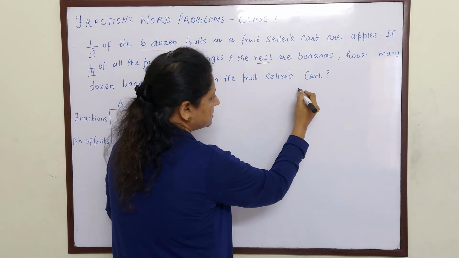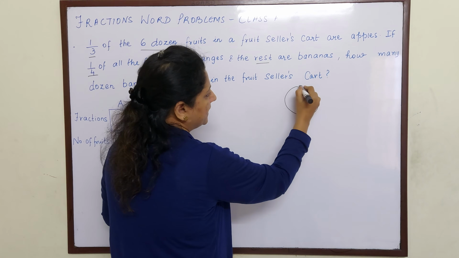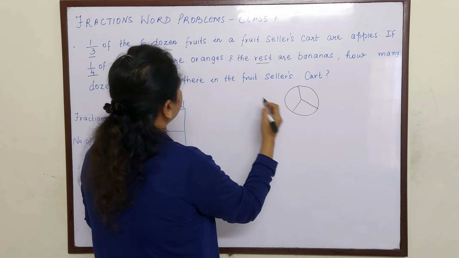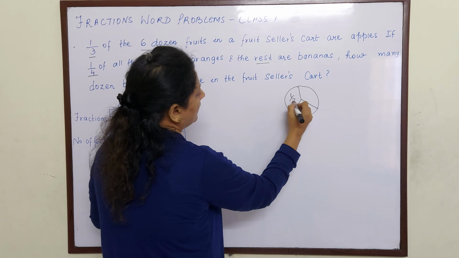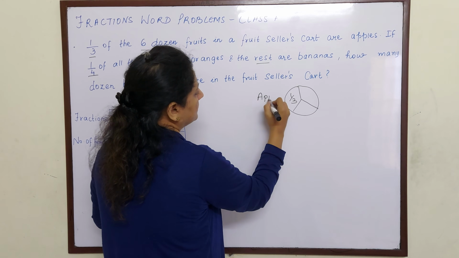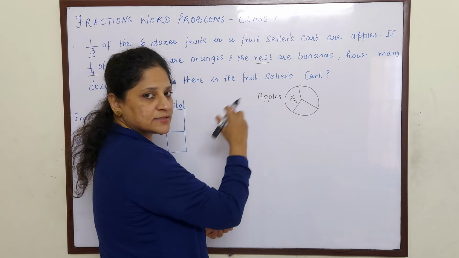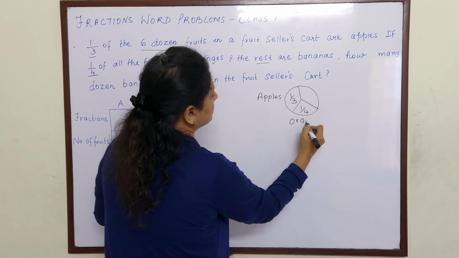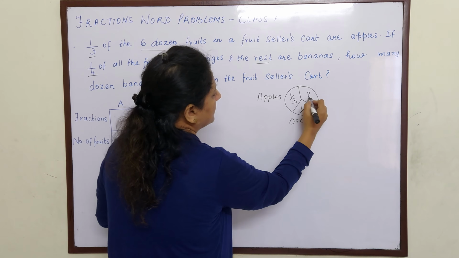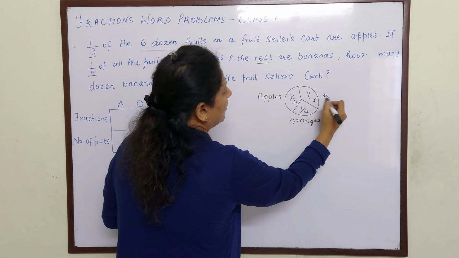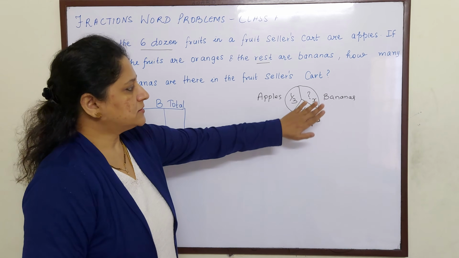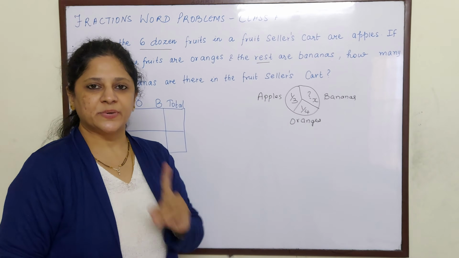We have already learned, children, that a whole complete circle represents 1, right? So in the fruit seller's cart, 1/3 is apples, 1/4 are oranges, and the remaining are bananas. We don't know the fraction of bananas, but we know that this whole circle represents 1.